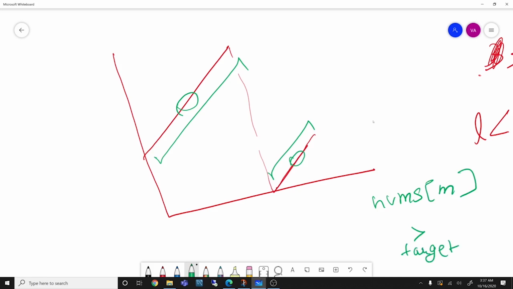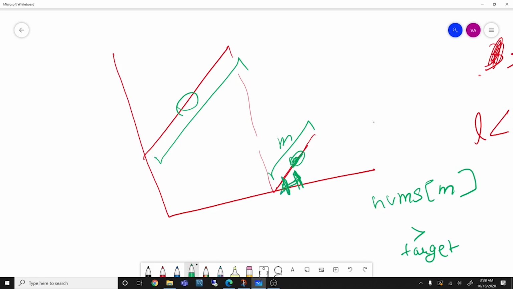Now let's consider these two conditions one by one. First, let us consider this portion, what if my m lies over here. Now I know that my nums of m is greater than target. That means my target will lie over here strictly.